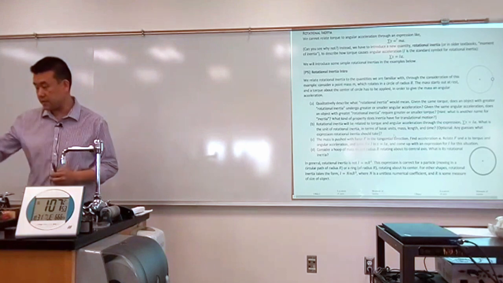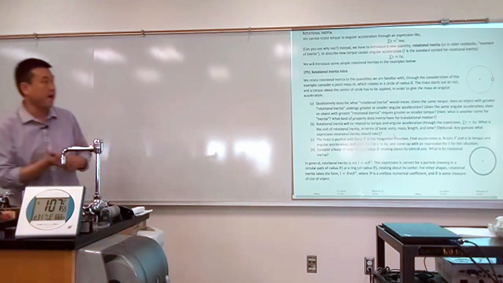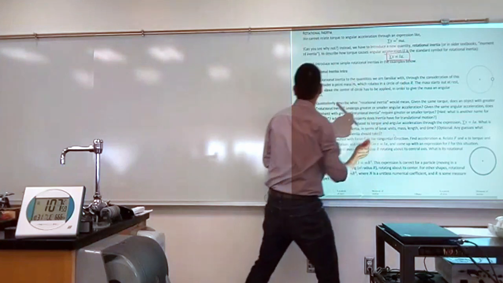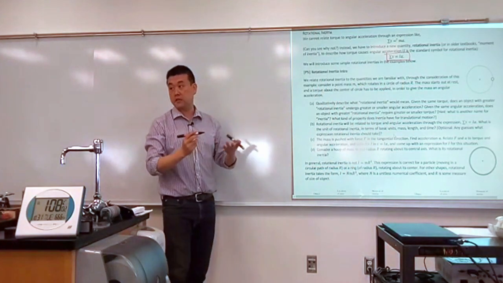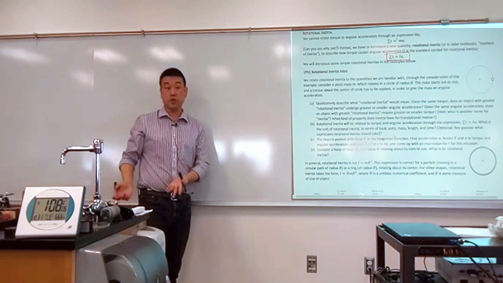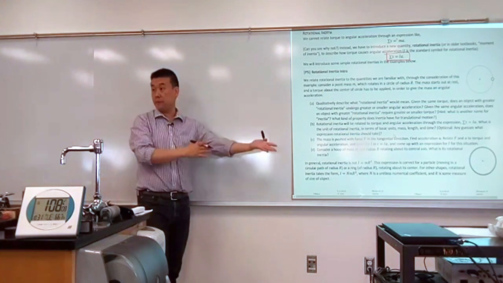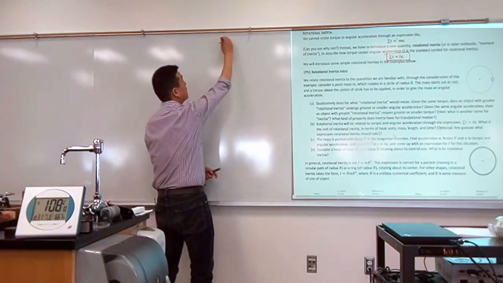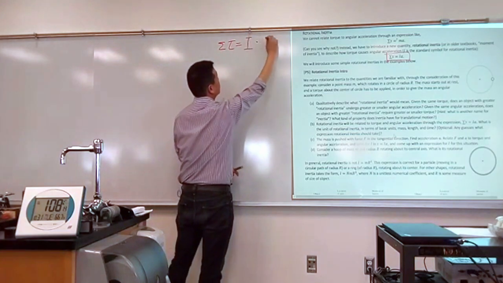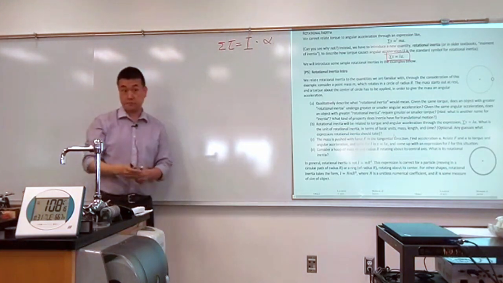All of this is motivated by trying to hold this relationship true. Let me copy it here. All of this is motivated by trying to have a form of Newton's second law that applies in the rotational case: net torque is equal to rotational inertia times angular acceleration.